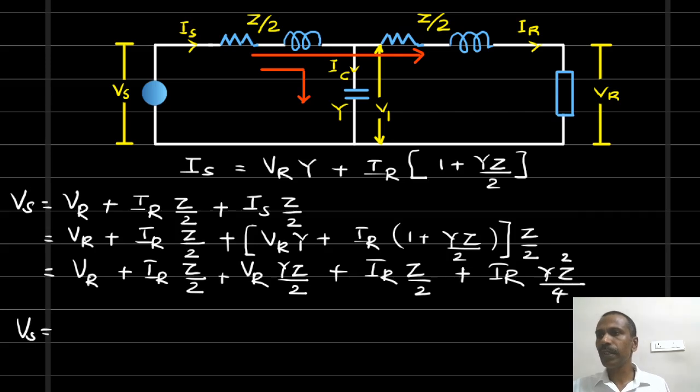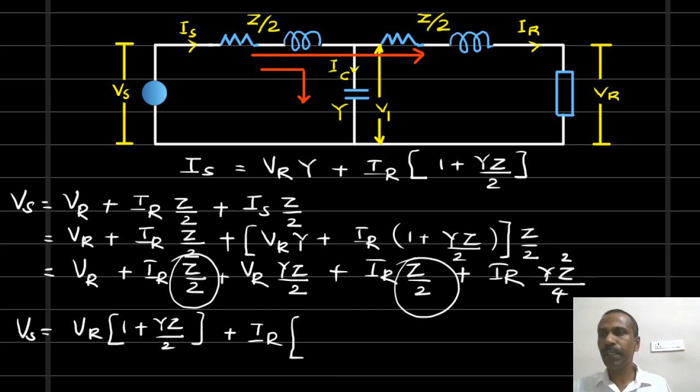So Vs equals VR into, here the coefficient is 1 plus YZ by 2, plus IR into, here the coefficient is Z by 2 plus Z by 2, which is Z, plus YZ square by 4.